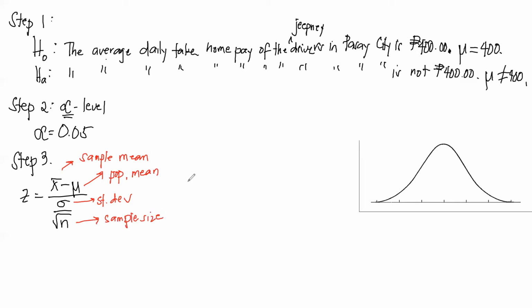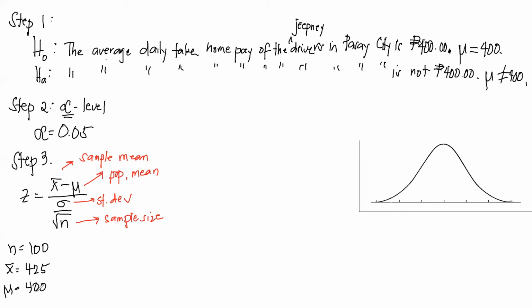So based on the problem earlier, we know that one claim states that they interviewed 100 jeepney drivers. So that would be n. So we have n is equal to 100. And then in the 100 jeepney drivers interviewed, the average take-home pay is 425 pesos, which would become our sample mean. Of course, for mu, we will just copy that from our null hypothesis, so that would be equal to 400.